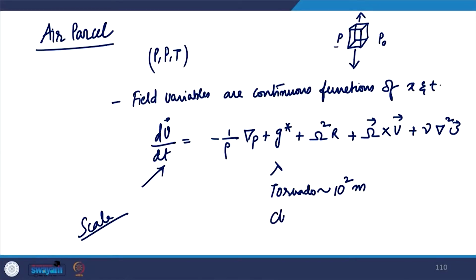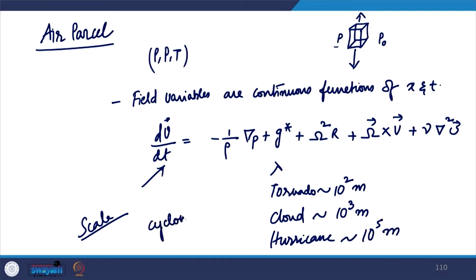A cumulonimbus cloud, its size will be of the order of 10 to the power of 3 meters. A hurricane, its scale size will be of the order of 10 to the power of 5 meters. You take a cyclone, its size would be of the order of 10 to the power of 6 meters.